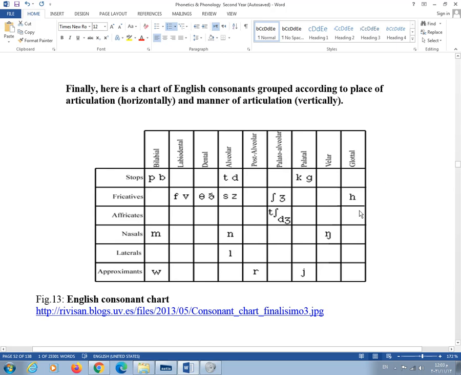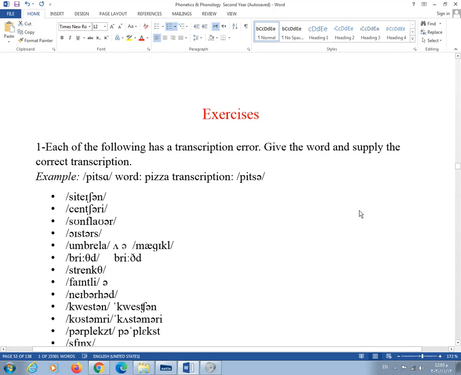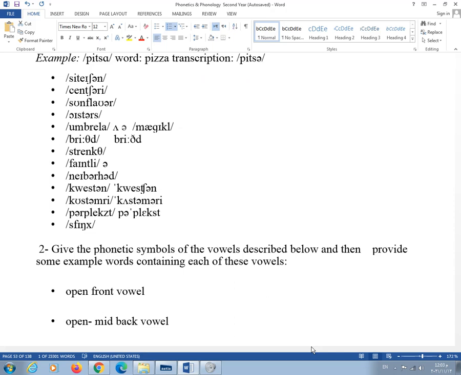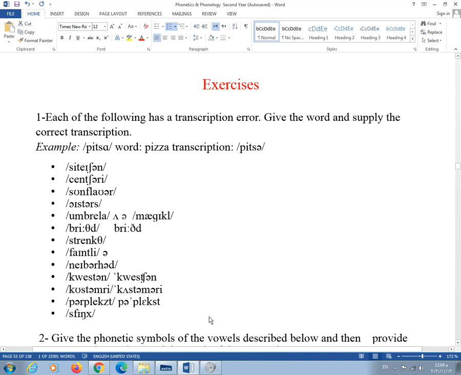Then we come to the exercises. Please do the exercises. Let's see the first one. Each of the following has a transcription error. Give the word and supply the correct transcription. Here we have pizza, and the word is transcribed incorrectly.